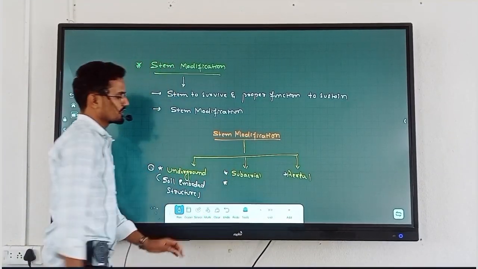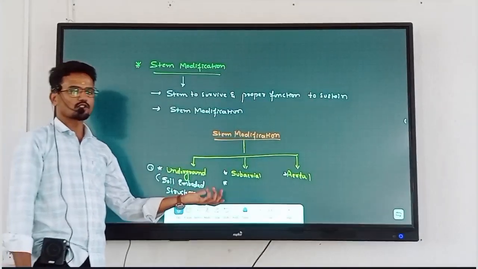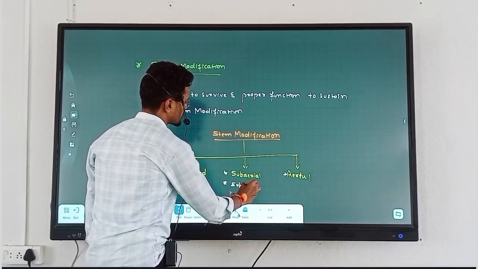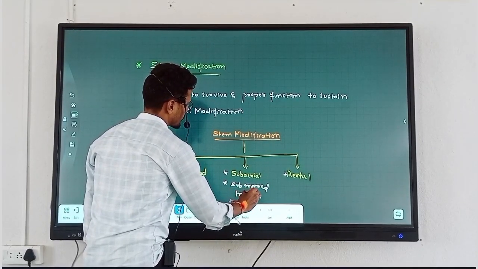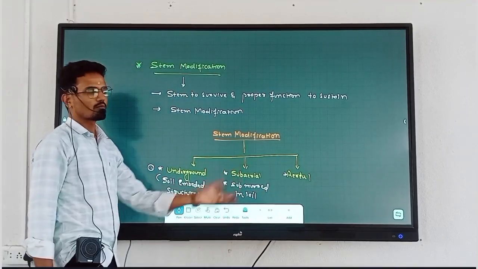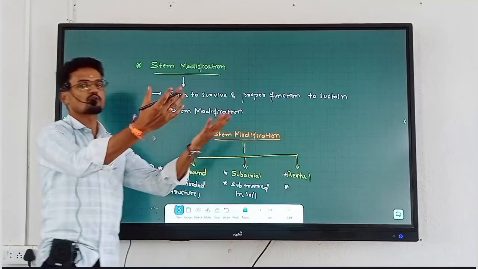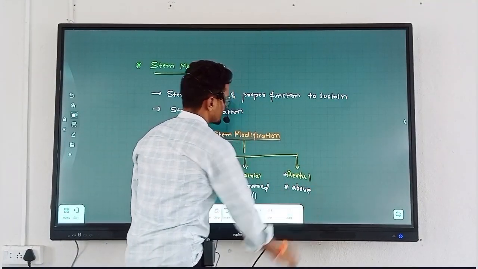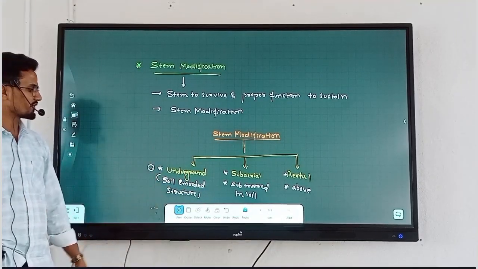These are half submerged in soil, a submerged type of modification. Next is aerial. Those are above the soil. These are the three different types of stem modification.